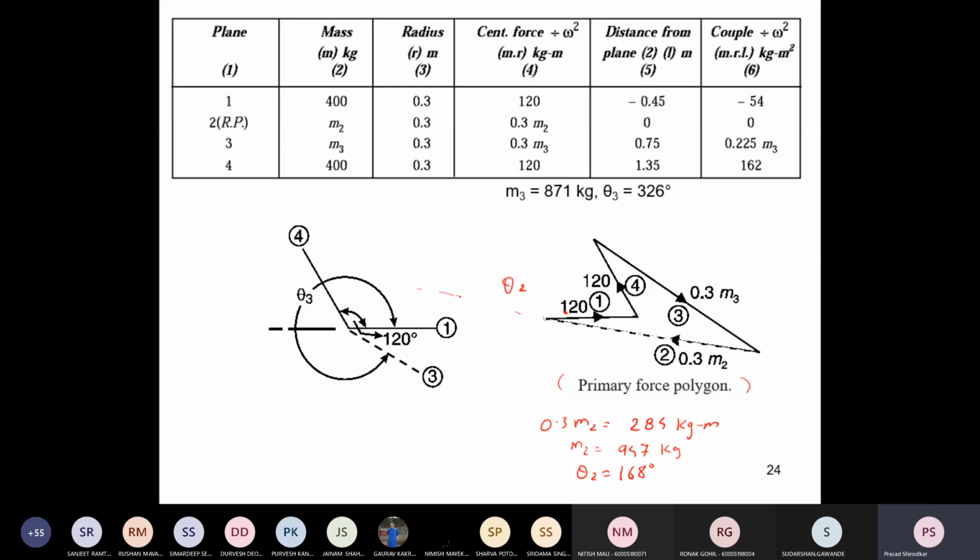So extend the line of action of the vector, and this is your theta 2, that is equal to 168 degrees. So draw it along the line of action of the vector. So this is your mass 2, and this angle is theta 2.